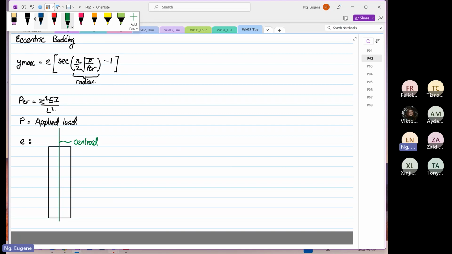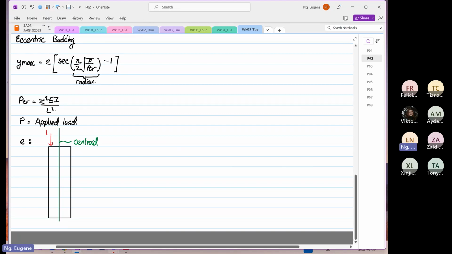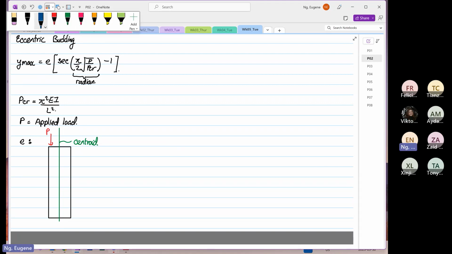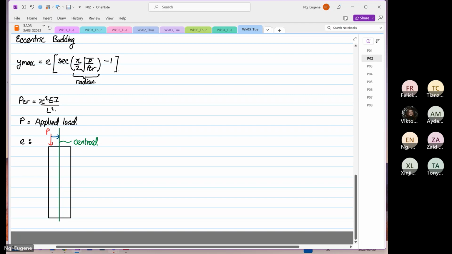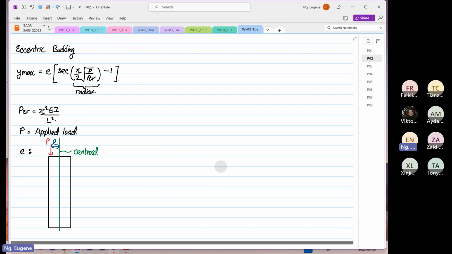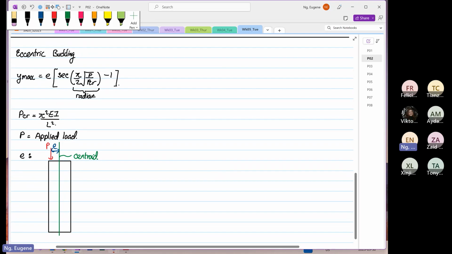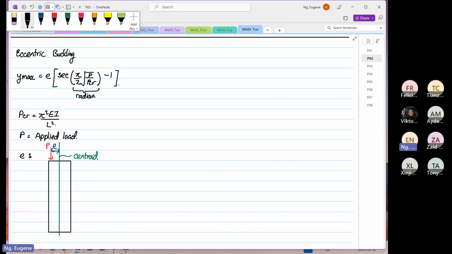Under eccentric loading, this is your P, and the distance from here to here is your E. So this is how you define your E.